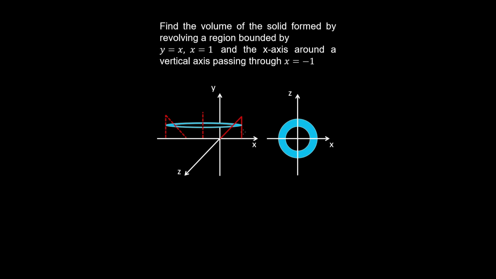Let's find the volume of the solid formed by revolving this region around a vertical axis passing through x equals -1. So because the region is not touching that axis, it's convenient to use the washer method. So the area of the outer washer is pi by the radius squared, so that would be 1 plus 1.